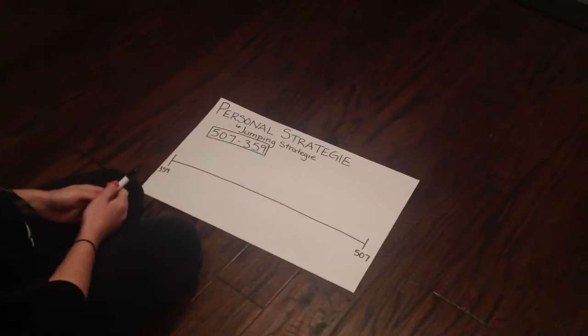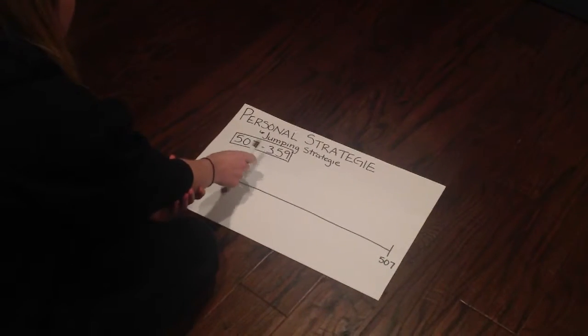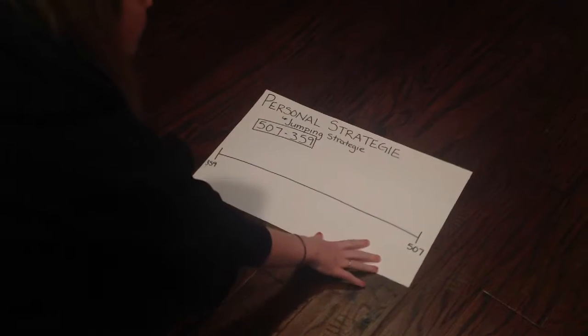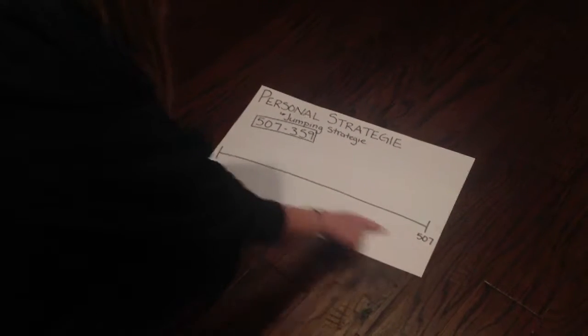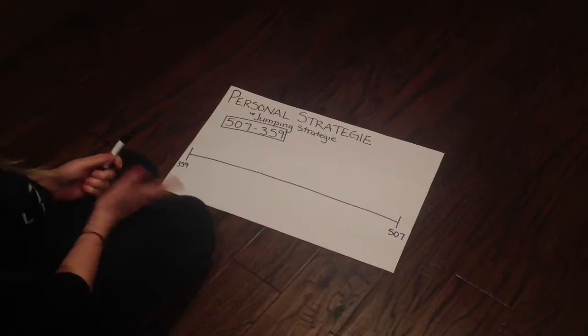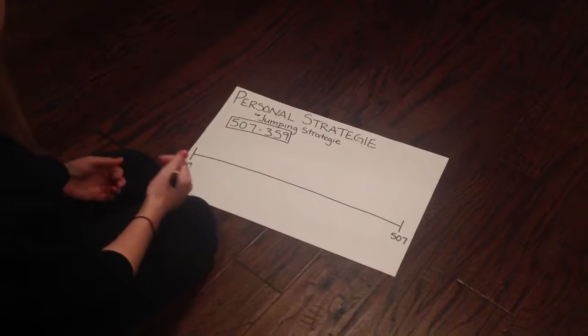So my last strategy I will be demonstrating to you to solve 507 minus 359 is the jumping strategy. So here I have my number line set out ready with my 507 and 359 on it. So first I'm going to think back to my estimate and use that to help me solve my equation.